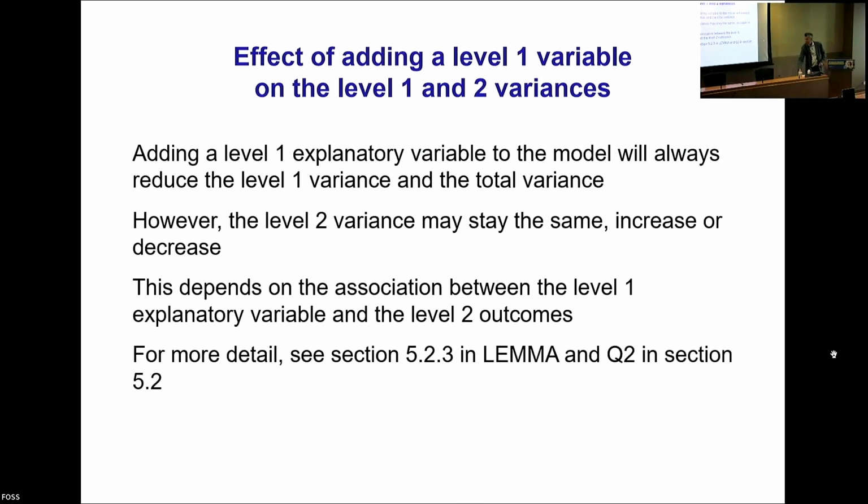So adding in a level 1 explanatory variable will always reduce the level 1 variance in the total variance, but when adding a level 2 variable, the level 2 variance may stay the same, increase or decrease.